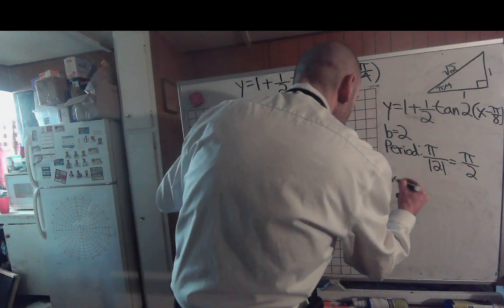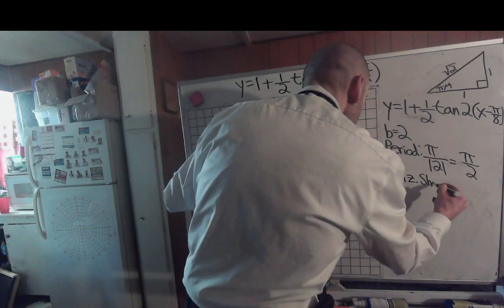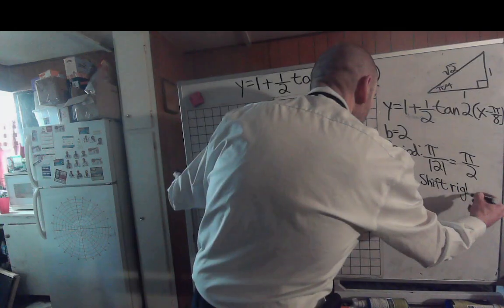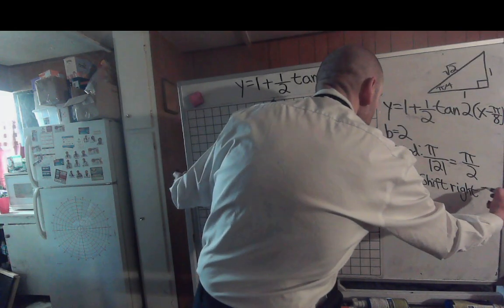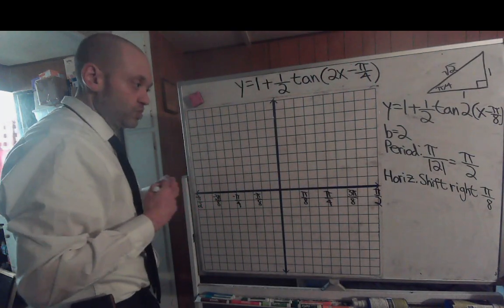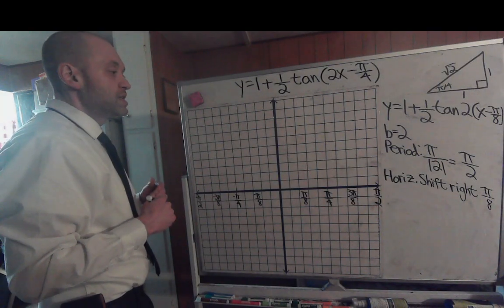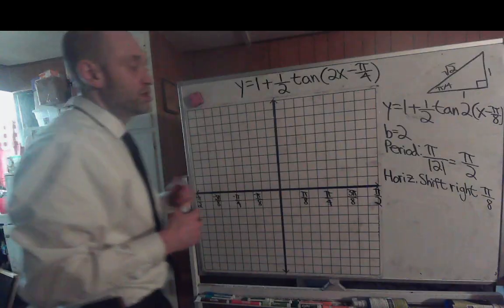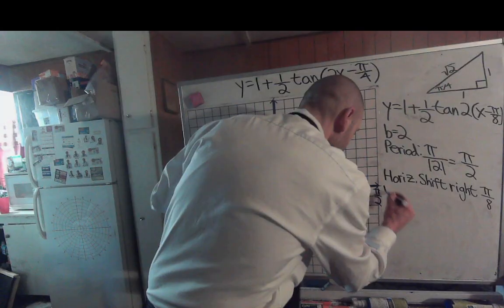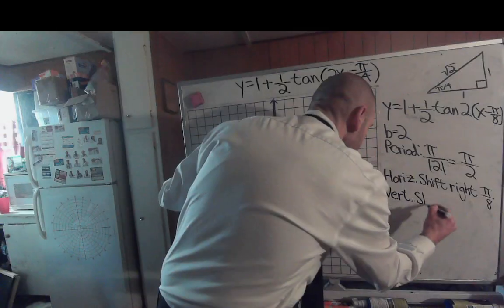So this will definitely affect your asymptotes for sure. Now, what about a vertical shift? Well, notice you have 1 plus all this, so you do have a vertical shift too, up 1 unit.